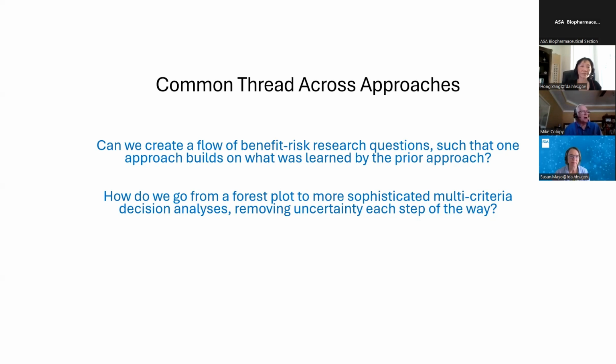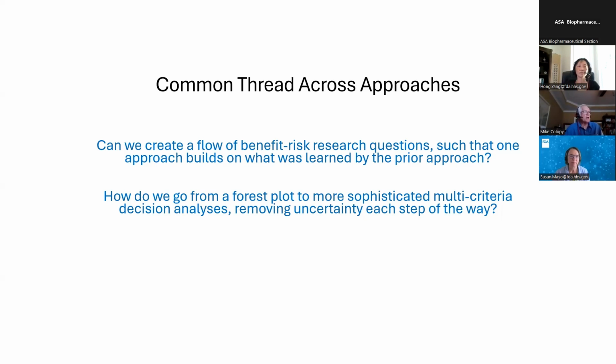And that is, can we create a flow of benefit-risk questions such that one approach builds on what was learned in the prior approach? Because I see all of these approaches building on each other. Each approach adds its own value to understanding the benefit-risk puzzle. And I do see it as a puzzle, a bunch of puzzle pieces. Each approach is a puzzle piece.